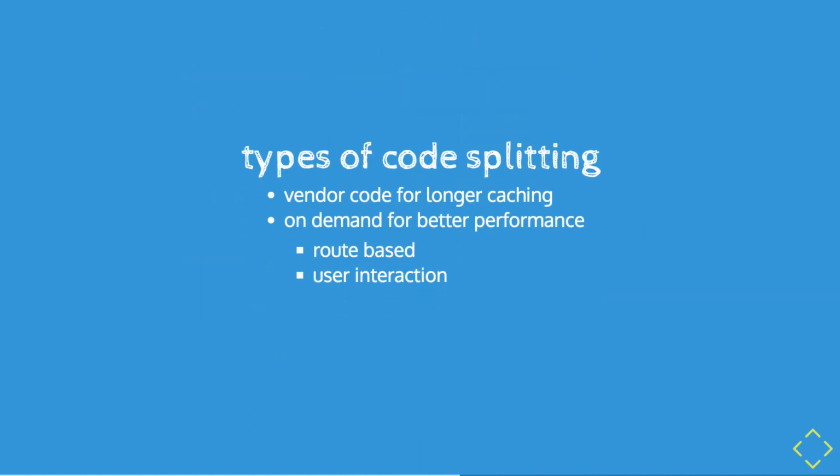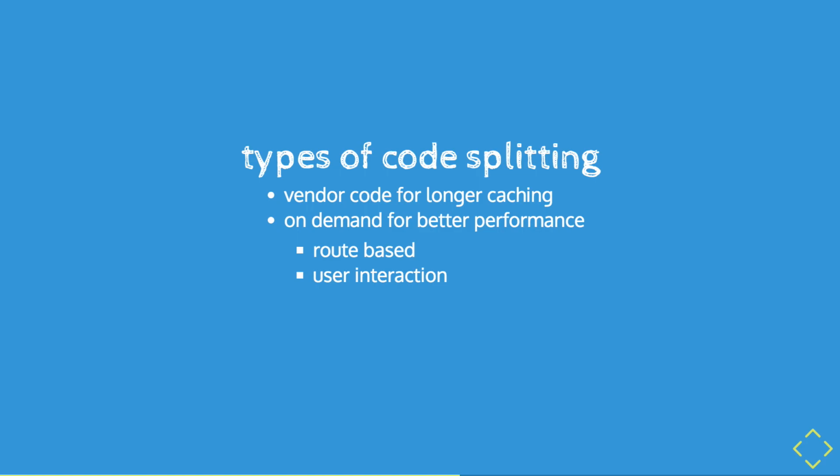Okay, so there's a couple of types of code splitting. First, you could split out the vendor code into its own bundle, since those don't change as often. So you could get longer caching on those. So, for example, Angular doesn't change as often as you change your code sitting there working on it.